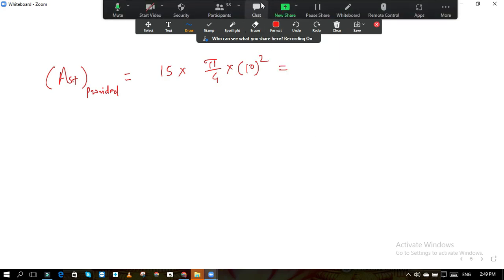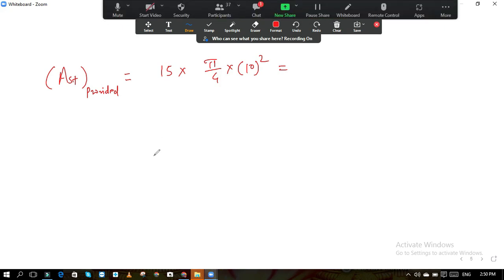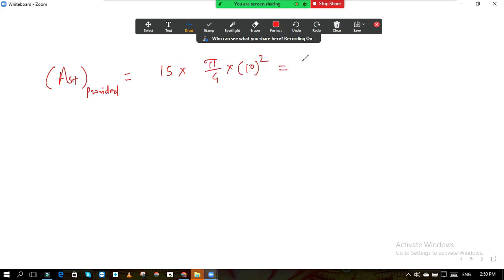AST provided is 1178.09 mm square. Now calculate the spacing.